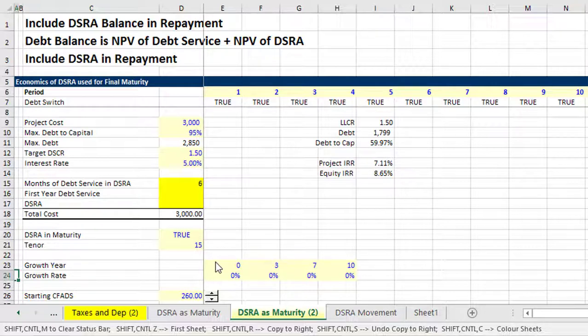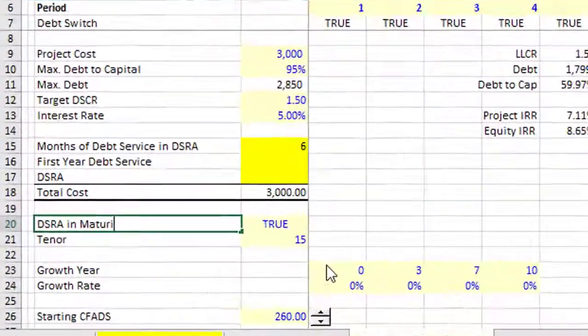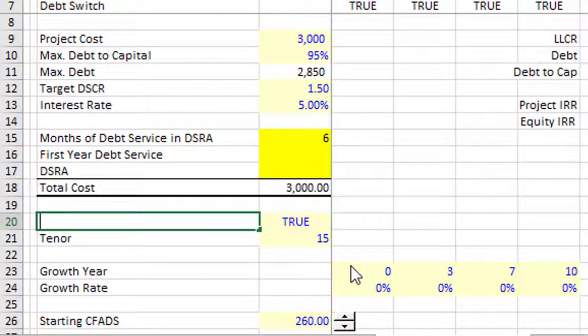So, in this case, I'm going to put in the DSRA as maturity payment.